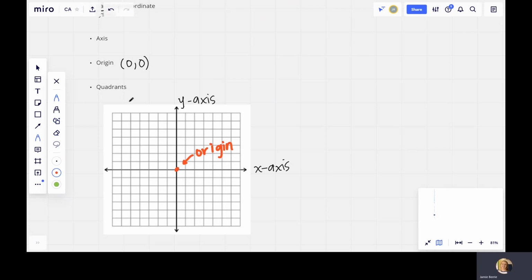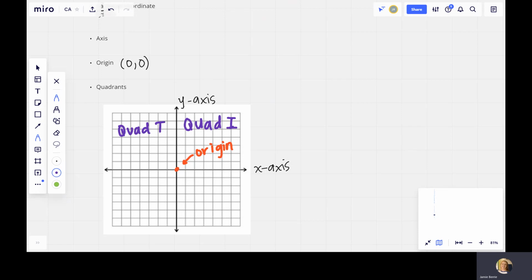And then last, we have quadrants. So you can see this Cartesian coordinate system, also sometimes called a Cartesian plane, is split up into 4 parts. That's where the quad comes from. And this is how we label these quadrants. So this is called quadrant 1, and we use Roman numerals to describe the quadrant. Then we are going counterclockwise here.